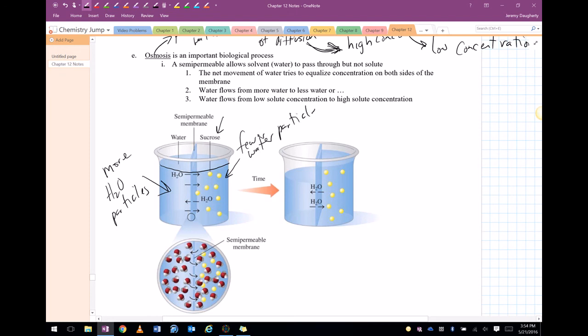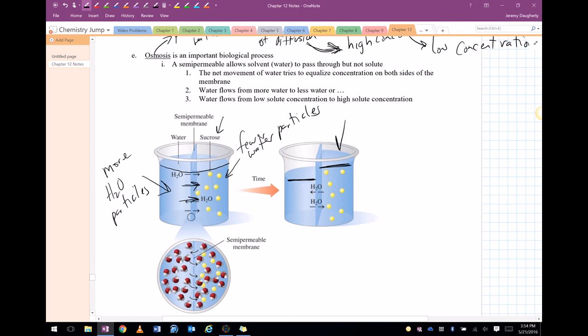So what will happen is that water will diffuse across this membrane and we'll end up with one level of water, pure water, and then the level of the sugar water, the sucrose water, will be higher. And the reason why is because of osmosis.